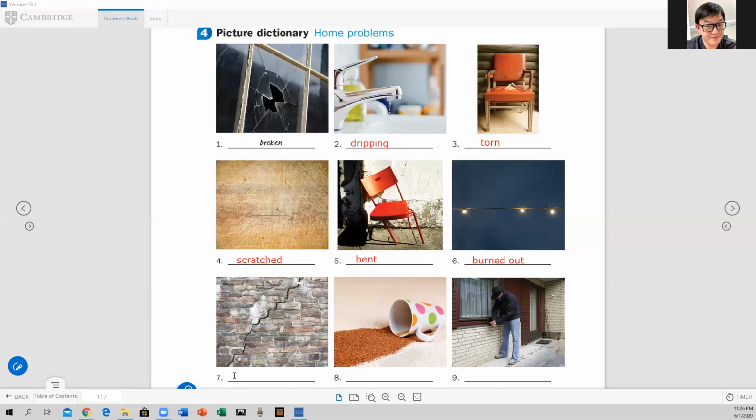Picture 7 is cracked. Picture 8, stained. And picture number 9, jammed. He can't open, so it's jammed. Okay? Good? Easy or difficult?